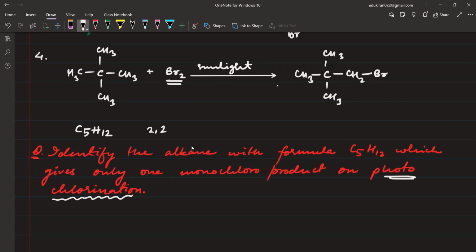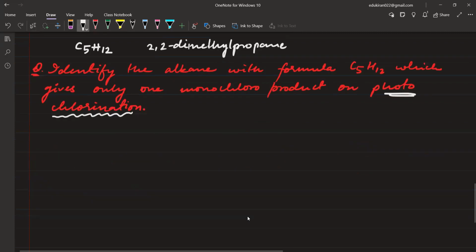You'll have 2,2 dimethyl propane. This is the IUPAC name. Another is going to be the common name, that is neopentane. Okay, that is neopentane. Please write this down.